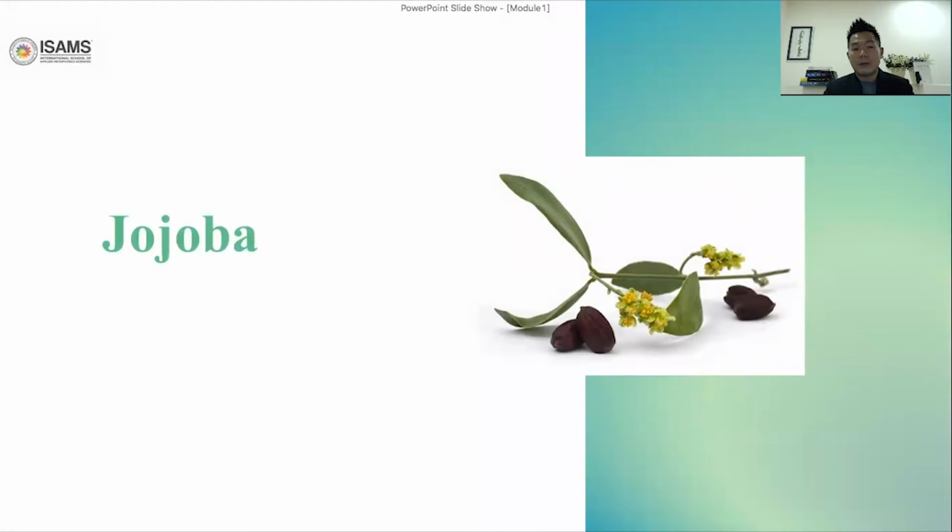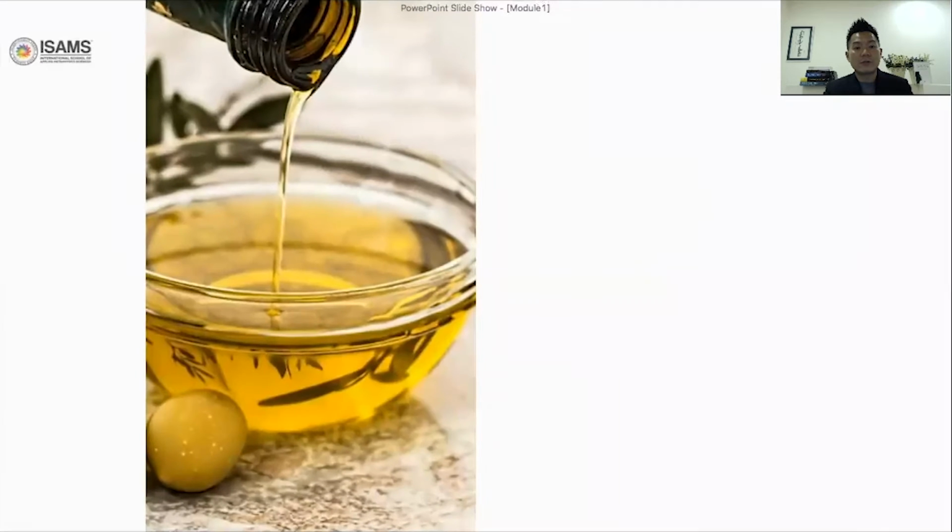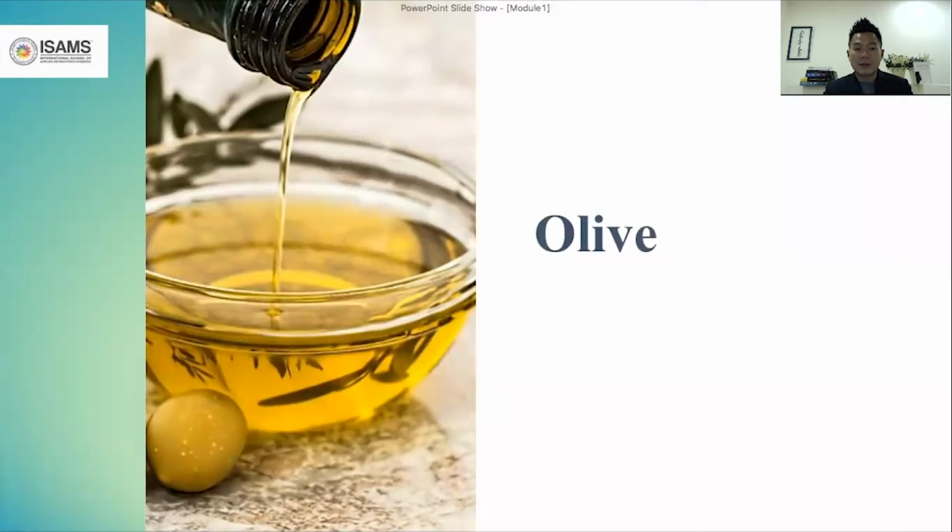Jojoba oil, which is very common, also has a long shelf life. Please find out their properties, and what kind of skin type is suitable for each oil respectively.